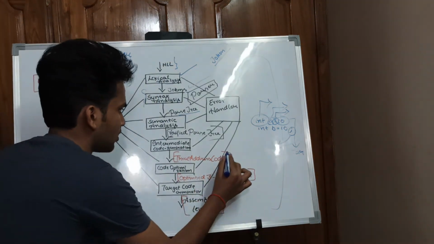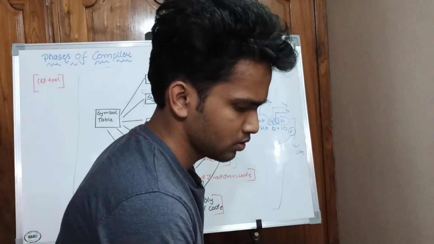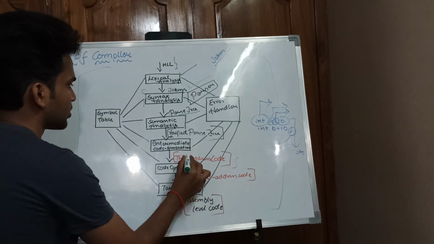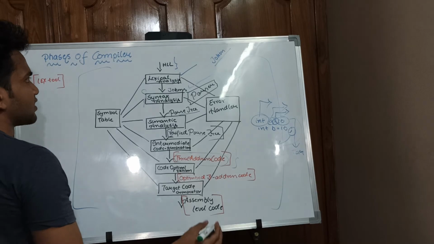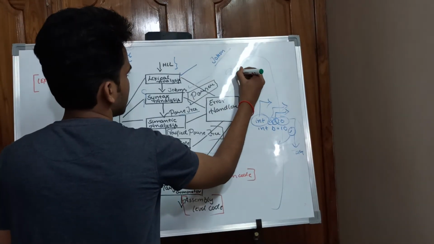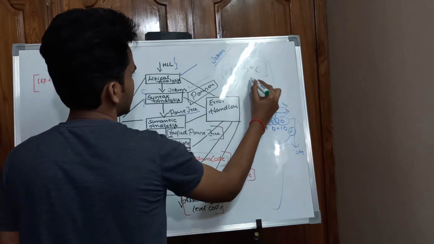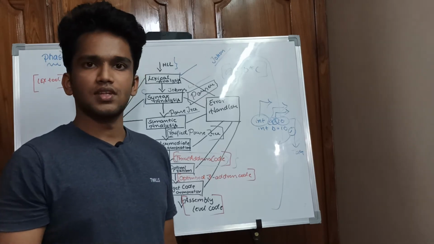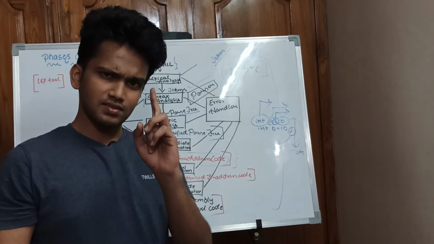So for example, consider an expression to make you understand the 3 address code. Consider an example a plus b star c. To represent this as a 3 address code, the rule is that it must have 3 address nodes as well as a single operator.